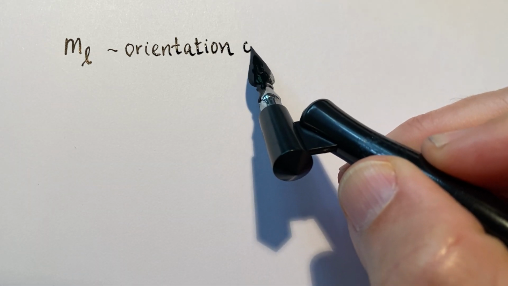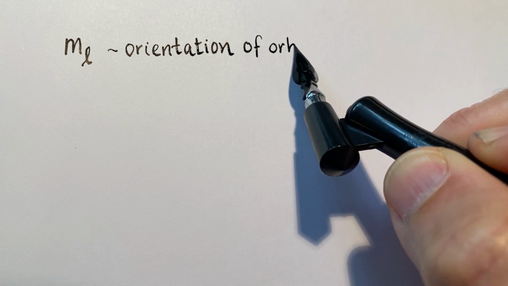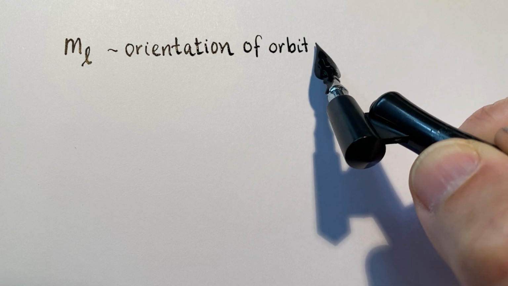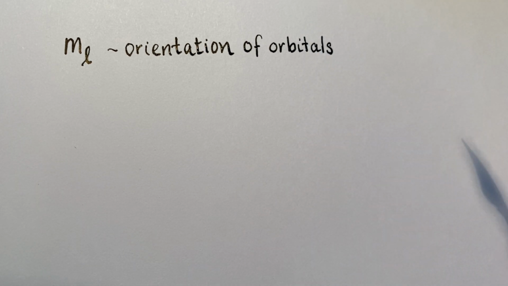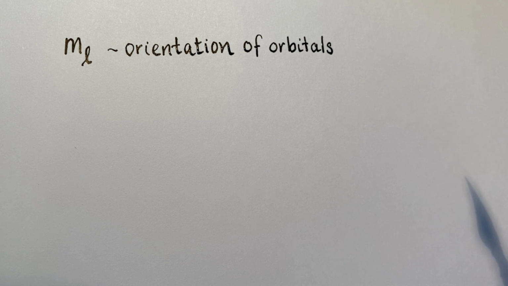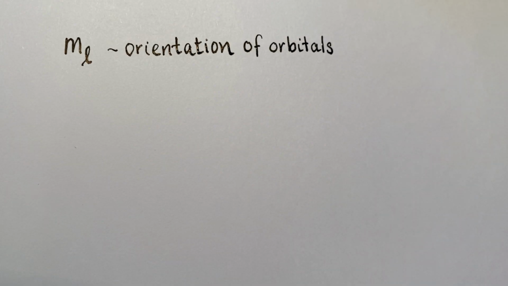So let's take a look at how M sub L, the magnetic quantum number, relates to L, the angular momentum quantum number.